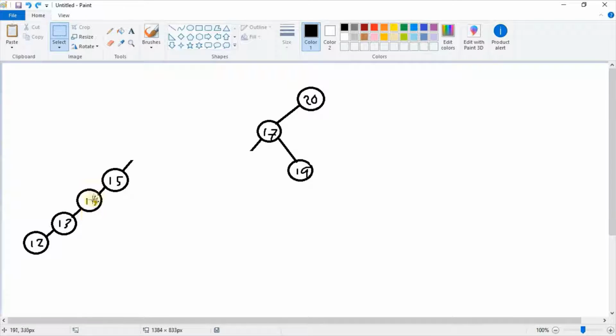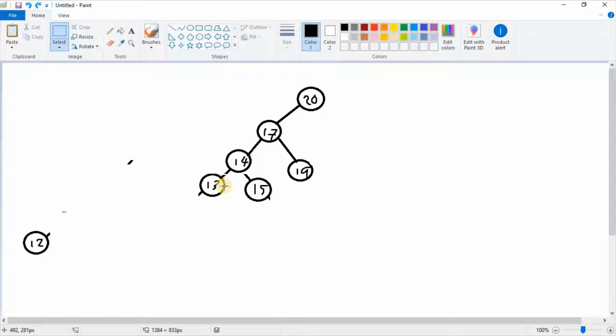Okay, and now we're going to do the cycle by replacing this 14 over here and this 15 over here. When we replace this 15 on this side, this 14 will be attached to the 17. So we take that, and after that we got 15, and then we connect this 13 and 12 over here. Okay. This is how you do one rotation.